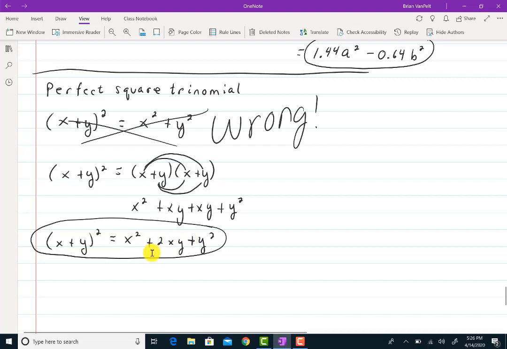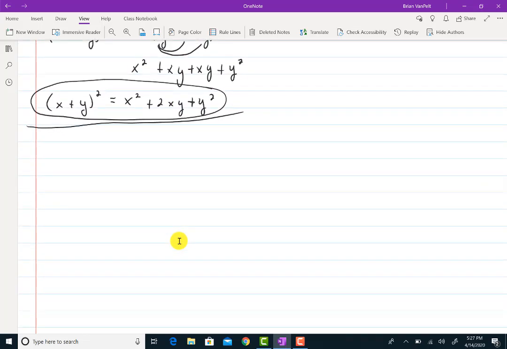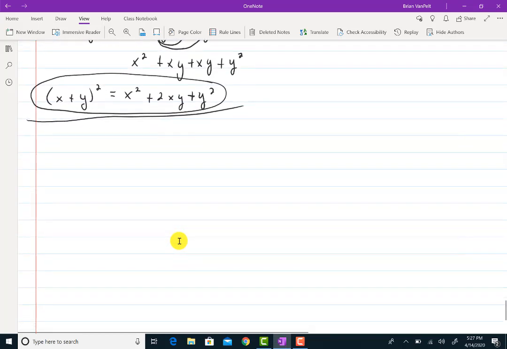If you can somehow notice that the first term is squared, the second term is squared, the last term is squared, but the middle is twice the beginning and the last, then you're in business. But that's not always easy to see. And for the most part, it's not a formula that I personally memorize. But nonetheless, let's go ahead and use it for a couple of examples. The book and other instructors seem to think that it's important.